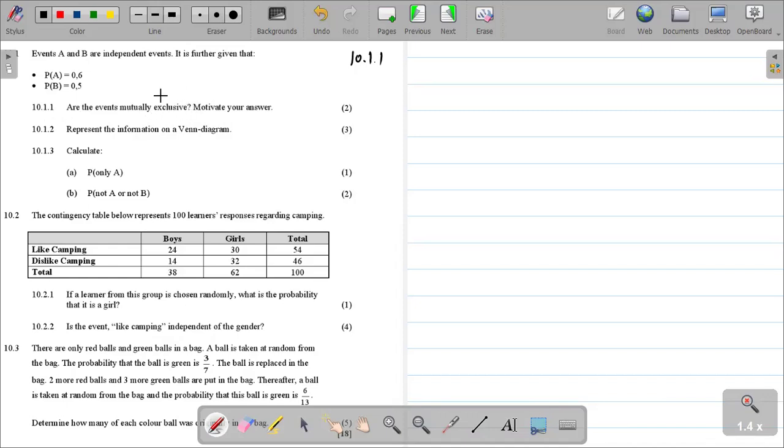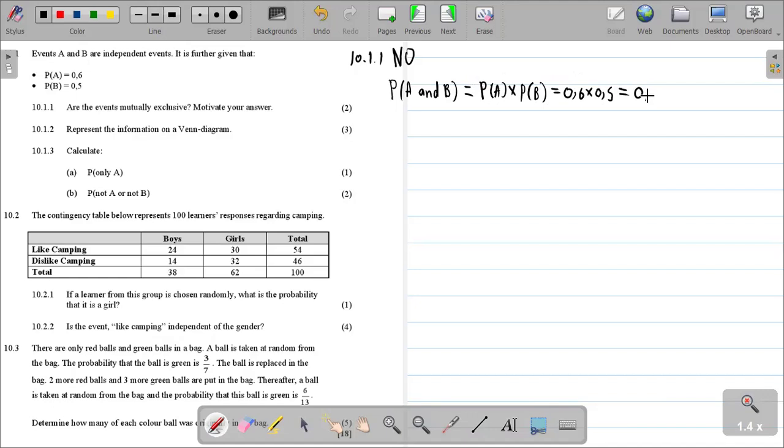okay, if they're mutually exclusive, it means that the probability of A and B is equal to 0. Here we're going to say no. Why? Because if they are independent, it means probability of A and B is equal to probability of A multiplied by probability of B. So it's going to be 0.6 multiplied by 0.5.